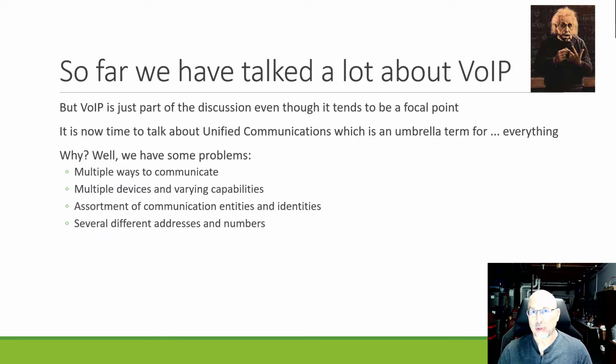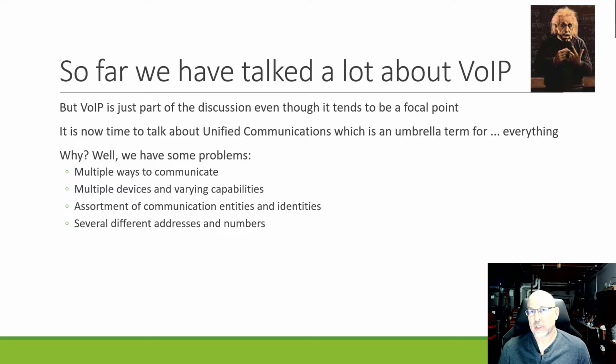Well, we have a couple of problems that we'd like to solve. First off, when you think about all the ways that you communicate with somebody else, we have a lot of different methodologies, right? We have email, we have messaging, we have voice, we have cell phones, we have computer-based applications. There's just a wide variety of methodologies or modalities to communicate with somebody. Plus, we have lots of different kinds of devices. You have your cell phone, you have PCs, we have laptops. We have all kinds of different ways to communicate.